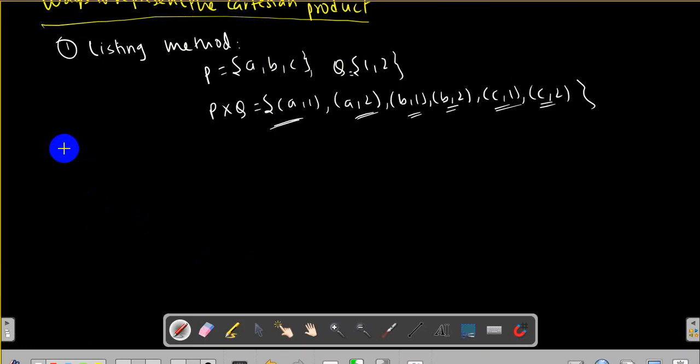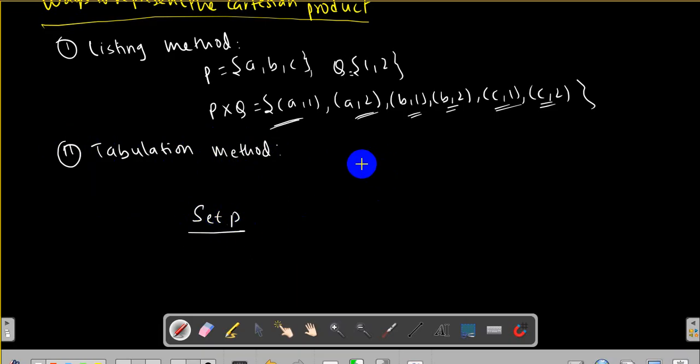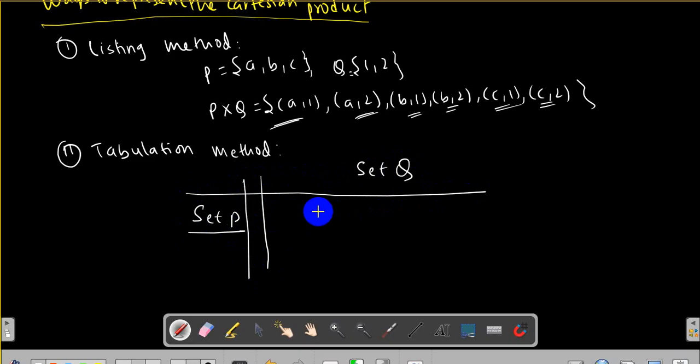And the next method is the tabulation method. In the tabulation method, we make a table to represent the Cartesian product. Like here in this case, here is set P, here is set Q. In set Q, what elements are there?